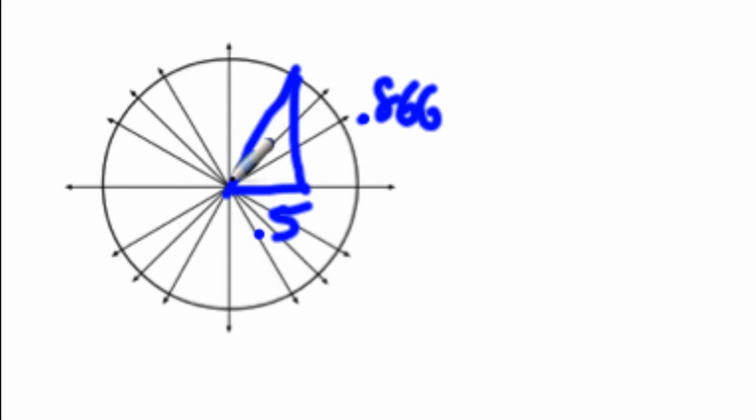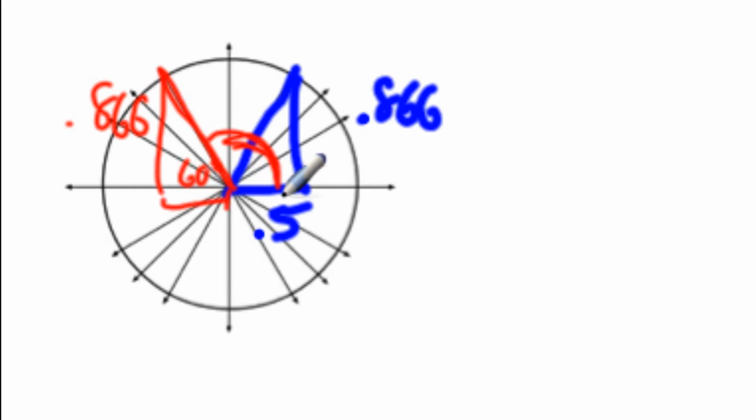By knowing the 60-degree triangle, you could also figure out what a 120-degree angle would be in terms of sines and cosines. It's 120 degrees this way, but really it's like 60 degrees in disguise. So this will have the same y value for 120 as it will for 60. So that's going to be equal to 0.866. Similarly, the x value from here to here is going to be the same as from here to here.